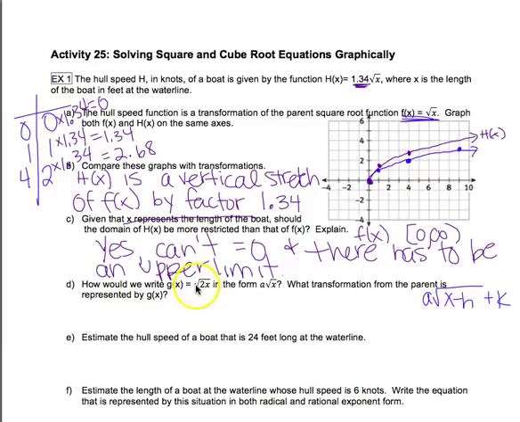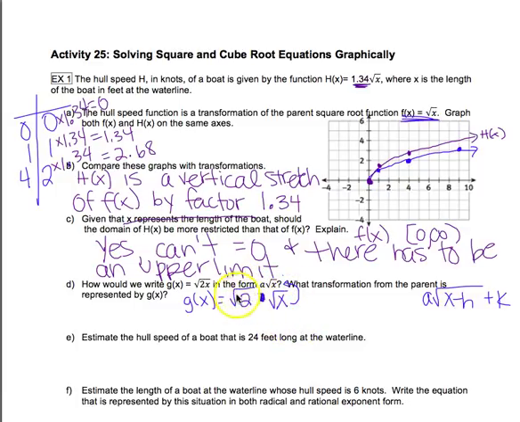If I have the 2 underneath the radical, because of the way that radicals work, and we spent a good bit of time reviewing how to simplify and deal with radicals back in Unit 2, the square root of 2x, I can separate that into the square root of 2 times the square root of x, which actually then is now in the form a times radical x.